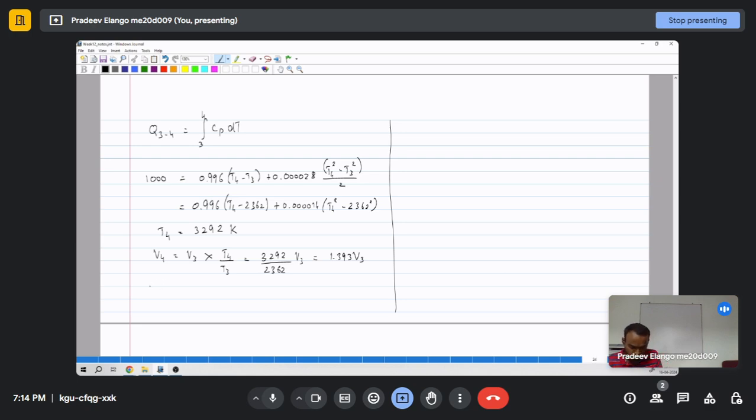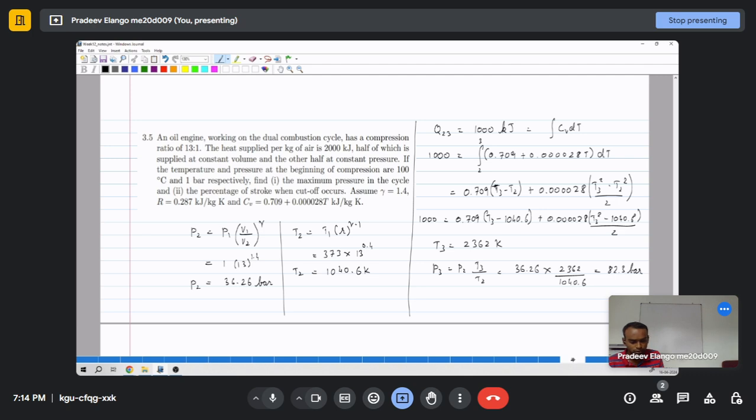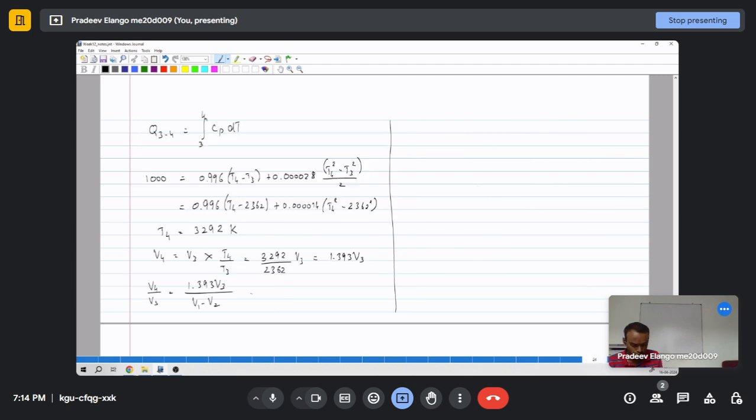So we need to calculate V4 plus Vs, that is 1.393 V3. V1 and the compression ratio is 13, so this should be 12 V2.